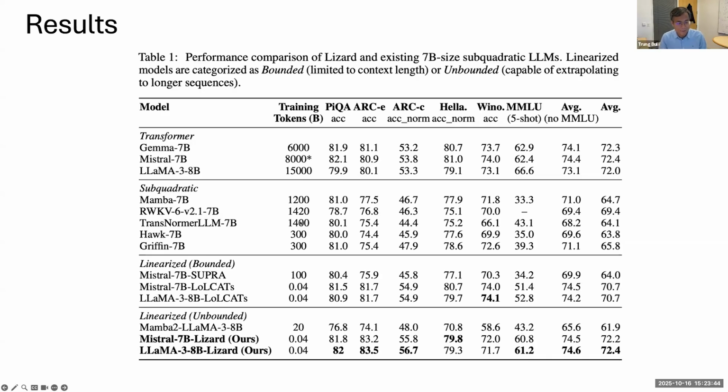As you can see, there are two cases, defined as bounded and unbounded. What does it mean? Bounded means that we limit the context length, more or less the same as the context length the model was trained on. For example, if Llama was trained on 16,000 sequence length, then we use the same during inference.